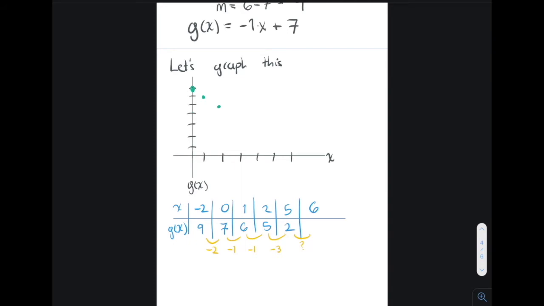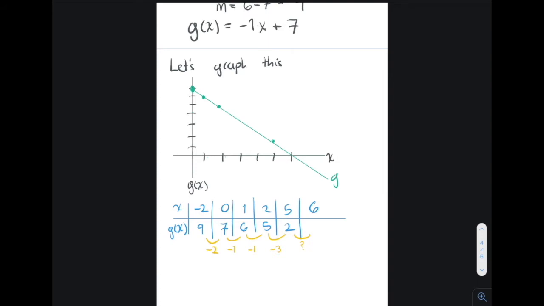We have the point 5, 2. Perfect. And sure enough, we can connect those points with a single line. That line we'll label G.